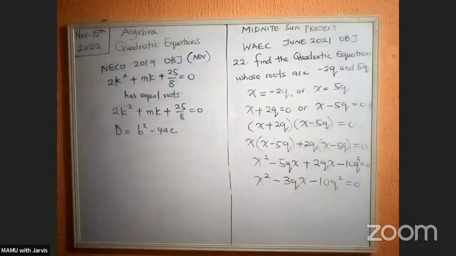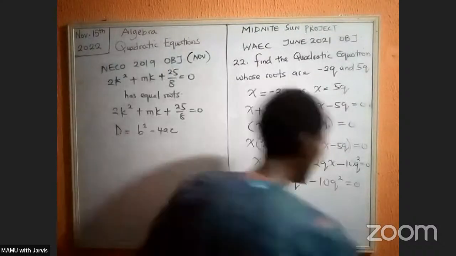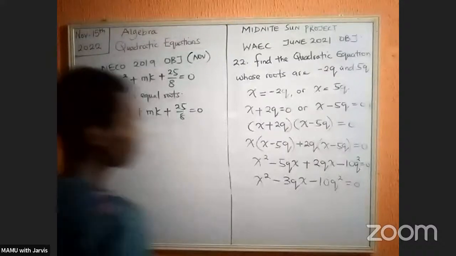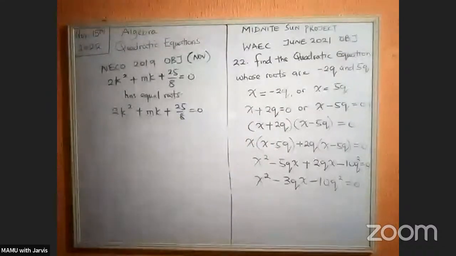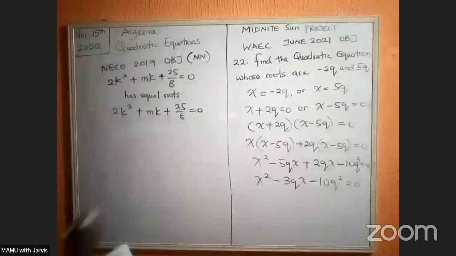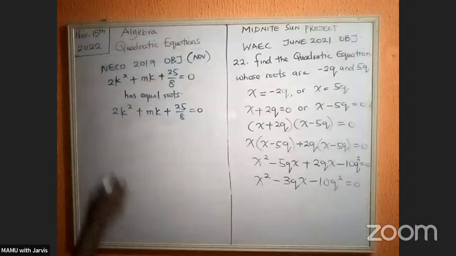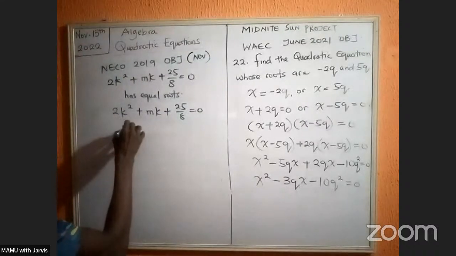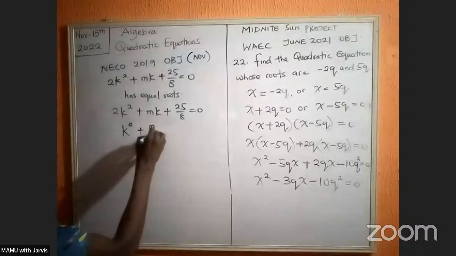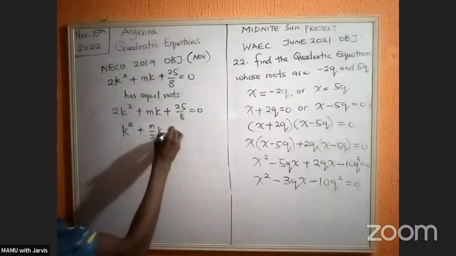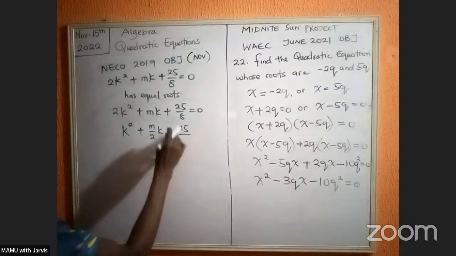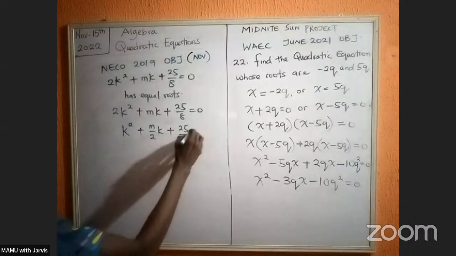Some people want to use that to test if it's going to be factorizable, but I can choose to divide through by 2. Does that help me? Because for it to have equal roots, let me divide by 2. So that would mean that what? K squared plus m over 2k plus 25 over 16 will be equal to 0.